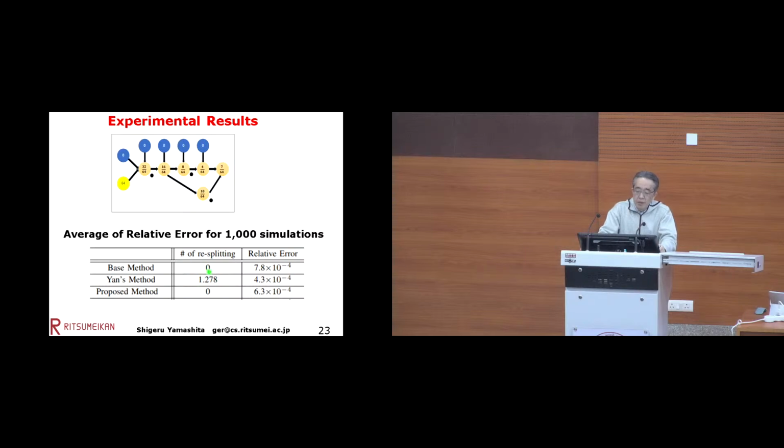So this is the number of redo operations, but the error becomes very small. And our method doesn't need resplitting, but is still better than the original one. So maybe it is an intermediate solution. Okay, any questions so far? This is easy.